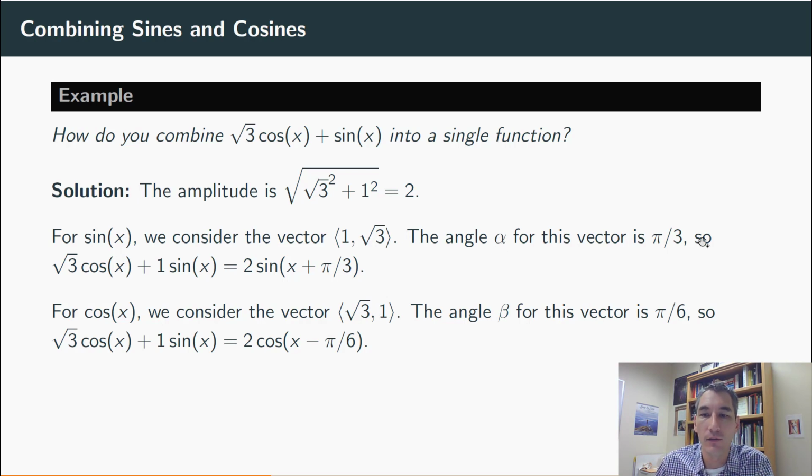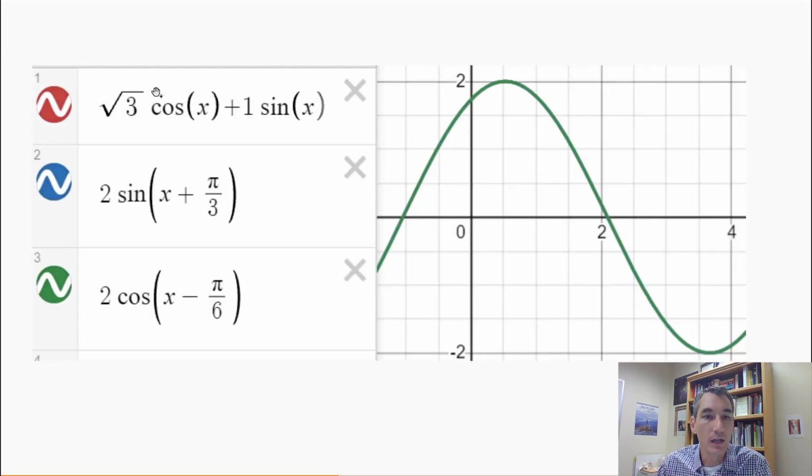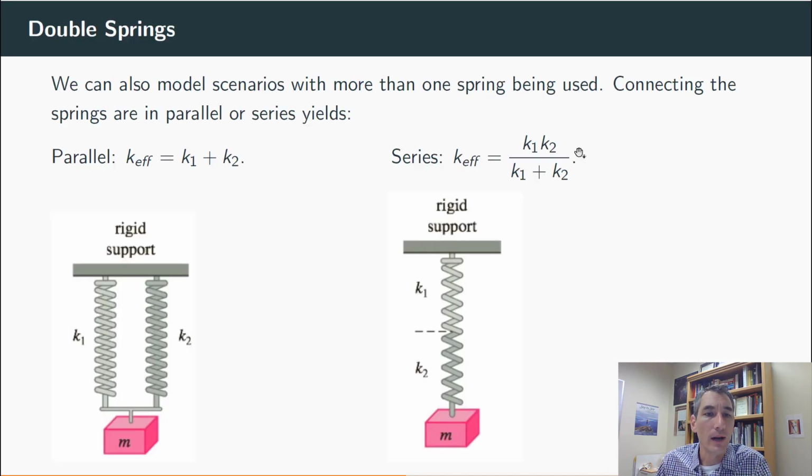In the case of alpha, you get pi over 3, and in the case of beta, you get pi over 6. So you can do a problem like that if you're interested. And here's the Desmos graph showing that those three functions are all on the exact same graph, one on top of the next.